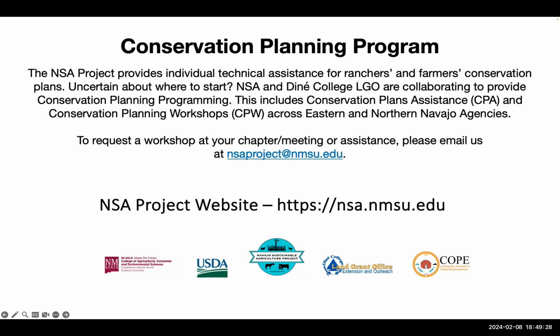If you are interested in requesting a workshop ahead of time and want to know more about our conservation planning program, please email us at nsaproject@nmsu.edu. We're always happy to help you out.